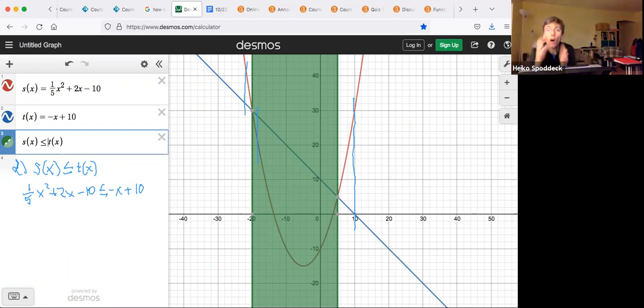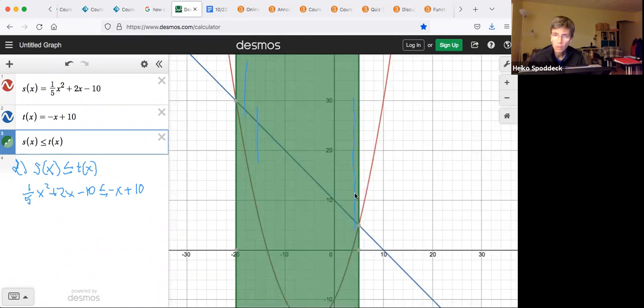And now I want the opposite. So I want where S of X is below our line. So our parabola is below our line, and that's only for the middle stretch. So only for this middle stretch here, starting again at our point of intersection, all the way to our other point of intersection. For all that part, our parabola that's coming down here is less than our line.